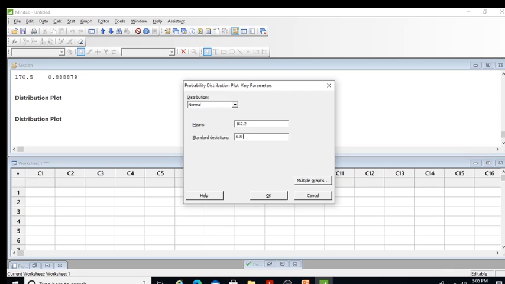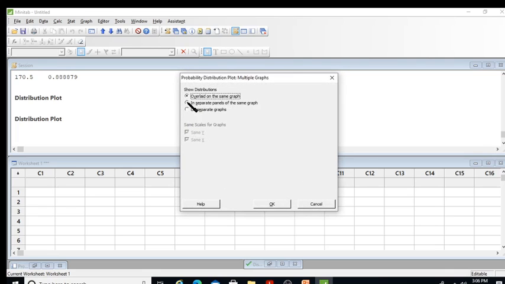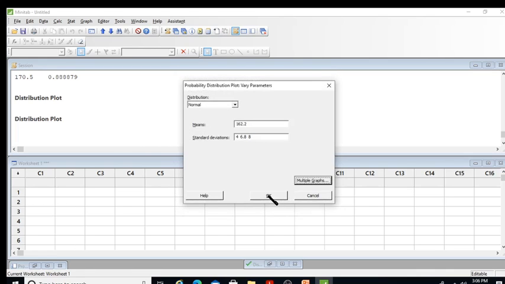Instead of only increasing or decreasing the standard deviation, let's say I use 4, 6.8, and 8. I bring in those numbers for the different values, and I want these graphs on separate graphs, in separate panels of the same graph, or overlaid on the same graph. So let's first go with overlaid on the same graph.